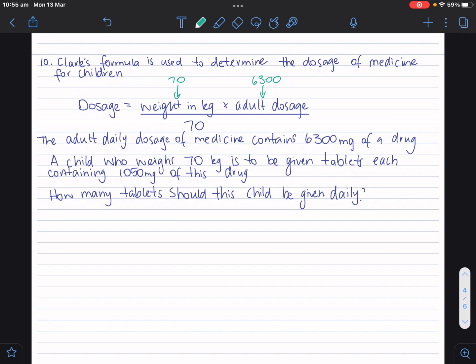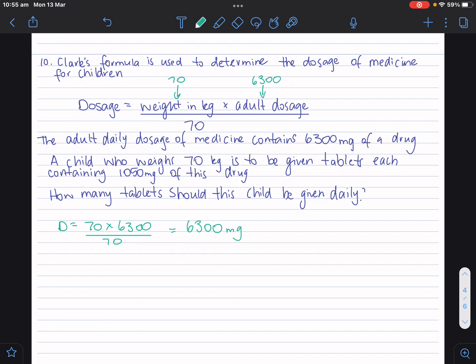So let's figure out what the dosage is first. So we got dosage equals 70 times 6300 all over 70. 70 times 6300 divided by 70 gives me 6300 milligrams.